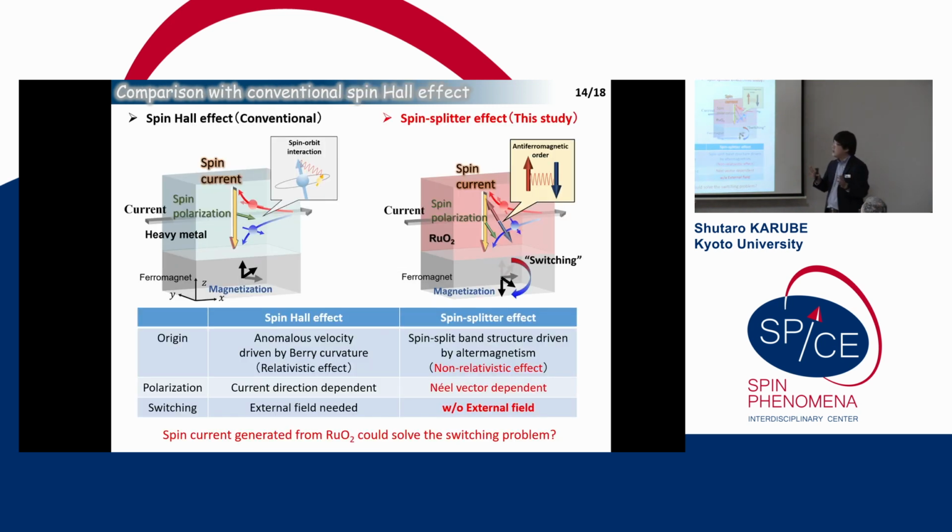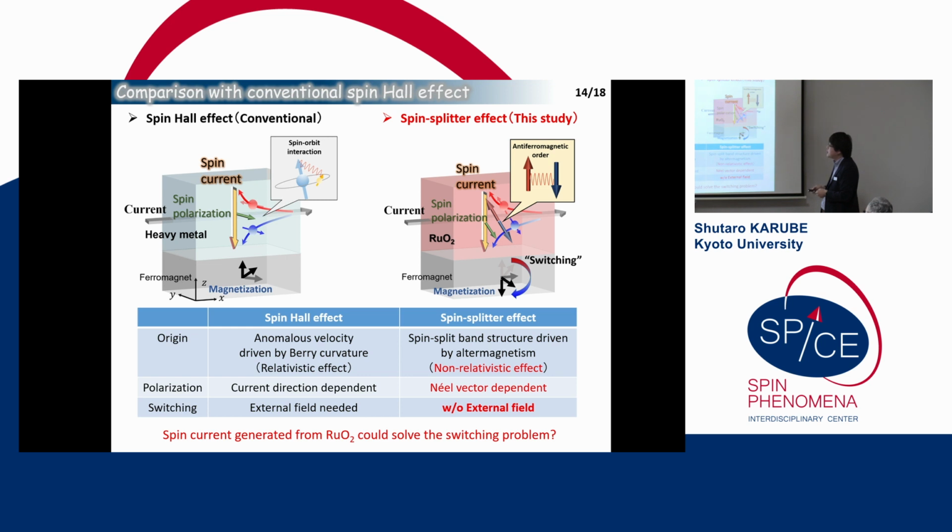So anyway, we found Z-polarized spin current from the ruthenium oxide via the spin splitter effect. This is quite advantageous for field-free switching, as I mentioned in the introduction. So this is a comparison with the conventional spin Hall effect.